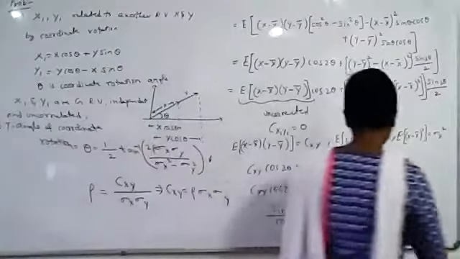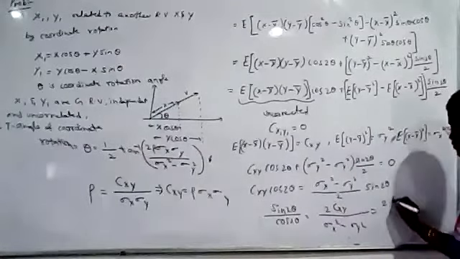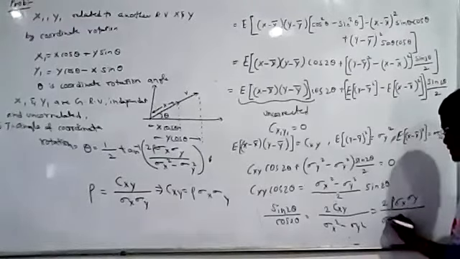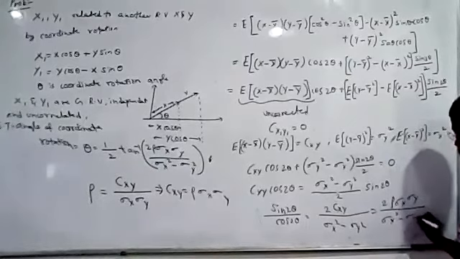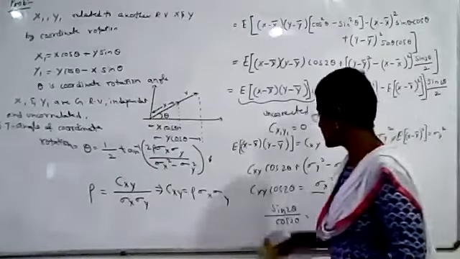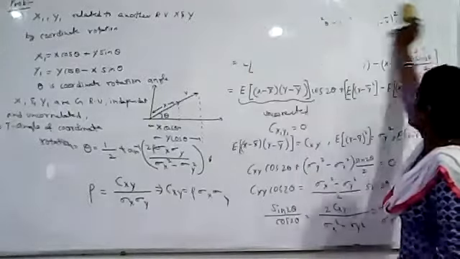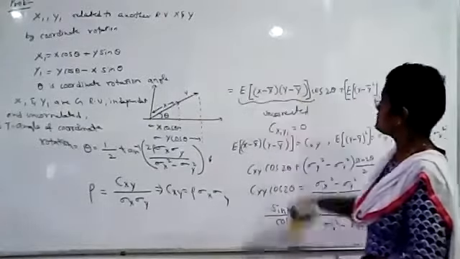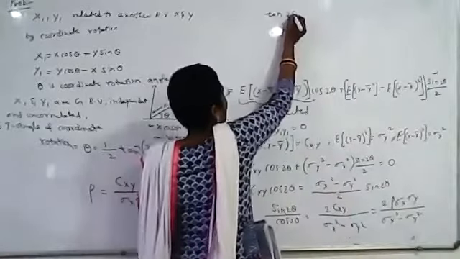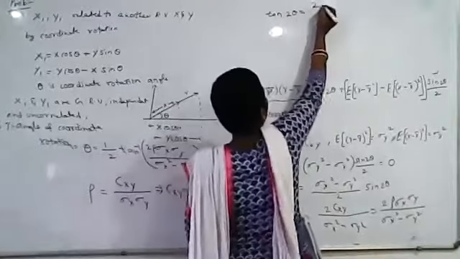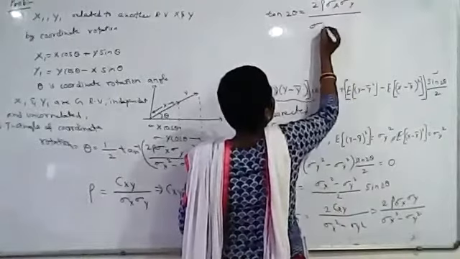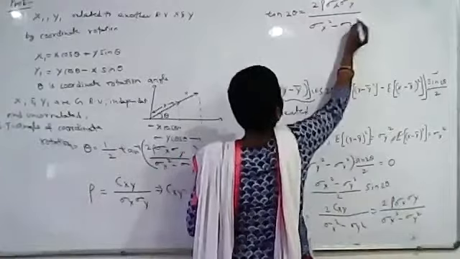So in the place of 2Cxy, we write 2 rho sigma x sigma y divided by sigma x square minus sigma y square. So now, sin 2 theta by cos 2 theta is tan 2 theta. Tan 2 theta is equal to 2 rho sigma x sigma y by sigma x square minus sigma y square.